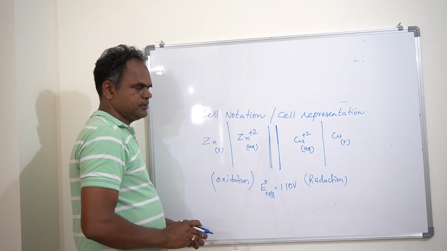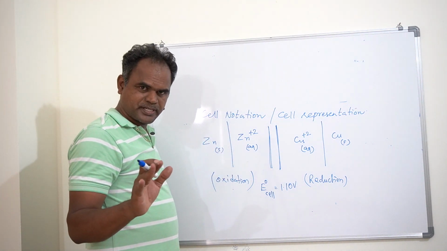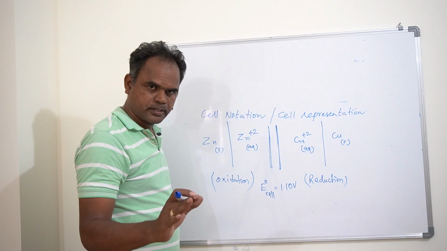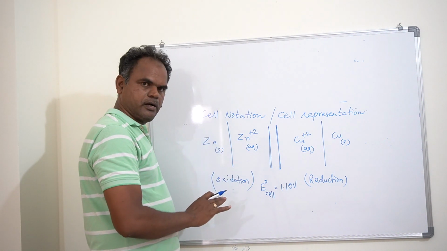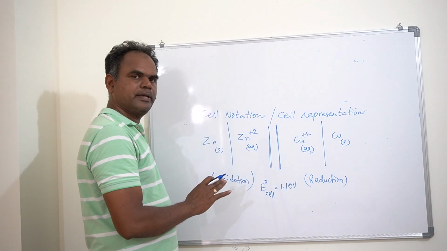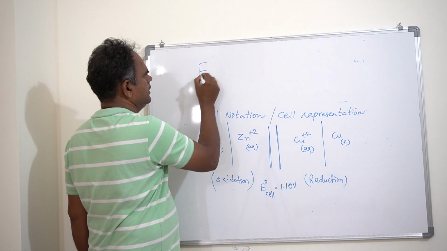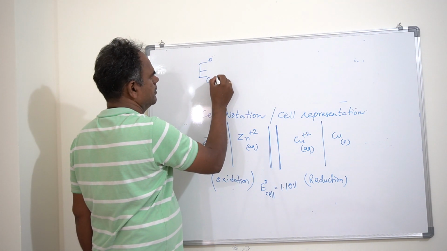Whether this cell notation or cell representation is correct or wrong can be identified by using the standard cell potential formula.